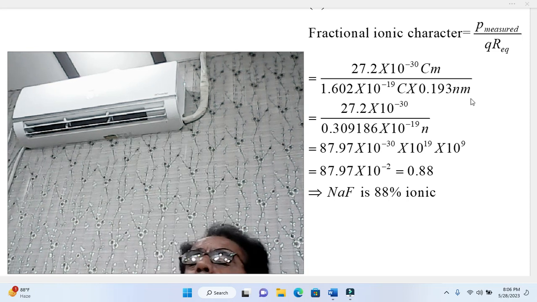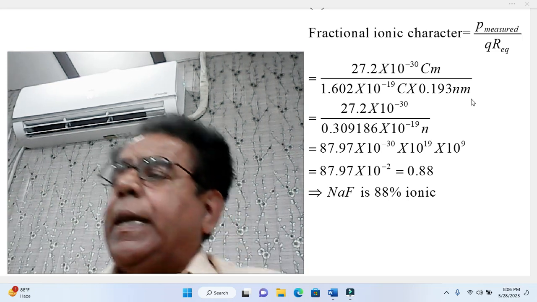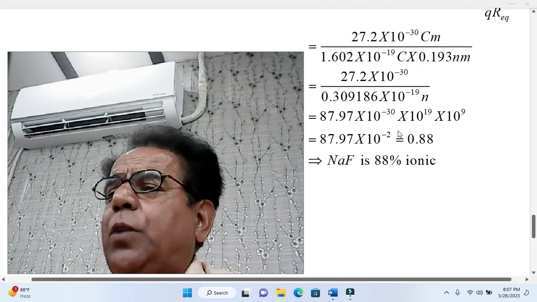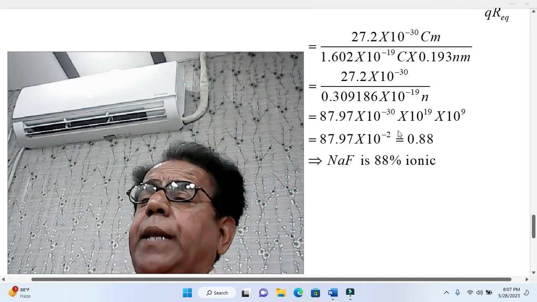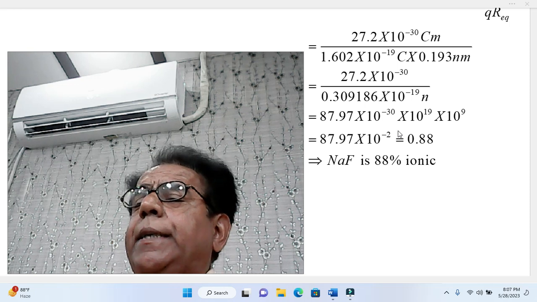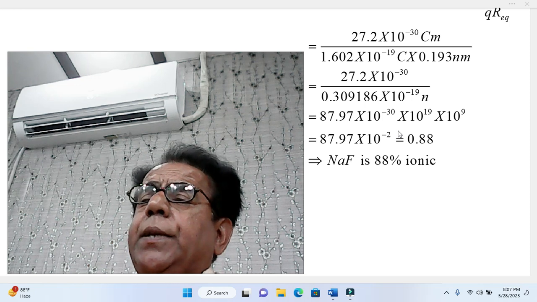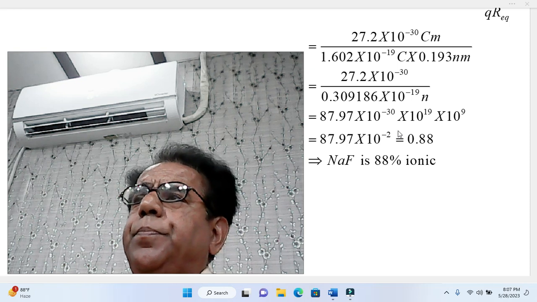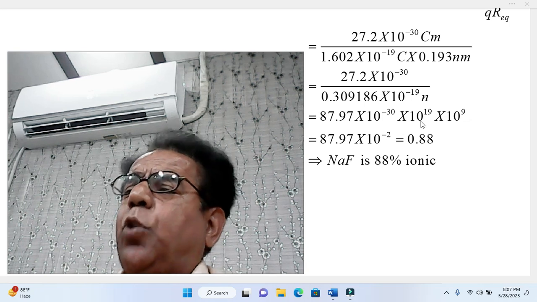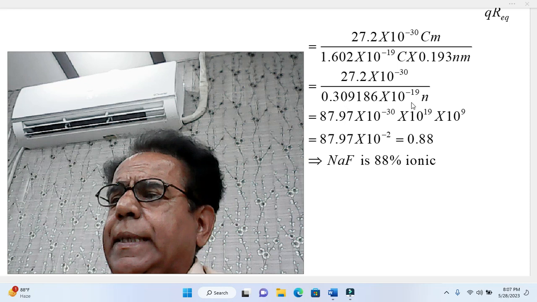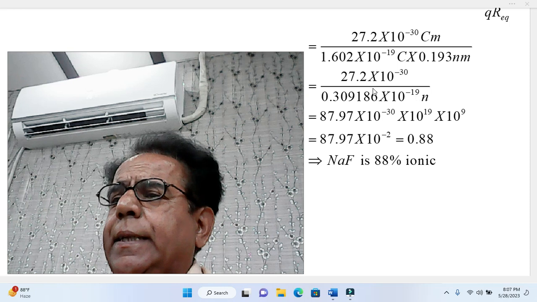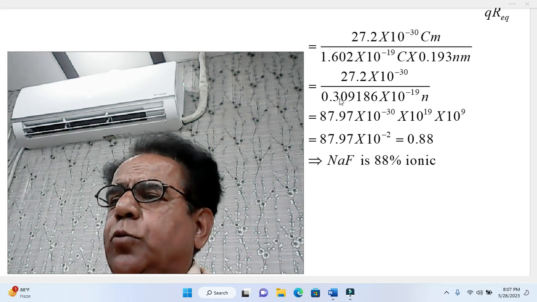Coulomb meter has been eliminated from our solution, and hence our result will only include nano, small n, which is equal to 10 to the power minus 9. So in other words we have no unit, only a number is involved. This is divided by this into this. We have not disturbed 10 raised to the power minus 19; we have multiplied this with this, so this result has come.